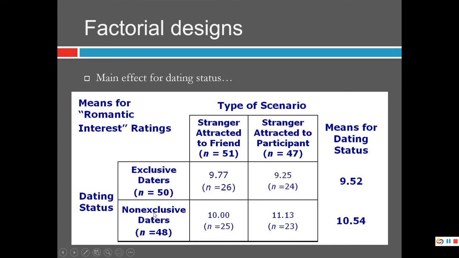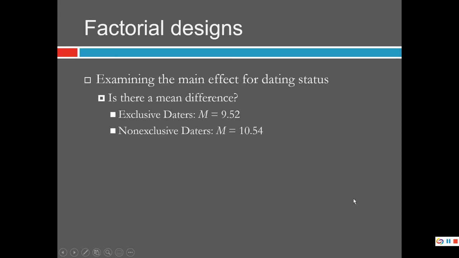If you looked at all the non-exclusive daters across both these conditions, all 48 of these people, you would get a mean romantic interest rating of 10.54. So to look if dating status matters for people being attracted to a stranger, you would make this comparison, that it seems like non-exclusive daters, perhaps, are more likely to be romantically interested in a stranger than people that are in a relationship and are exclusively dating some particular person.